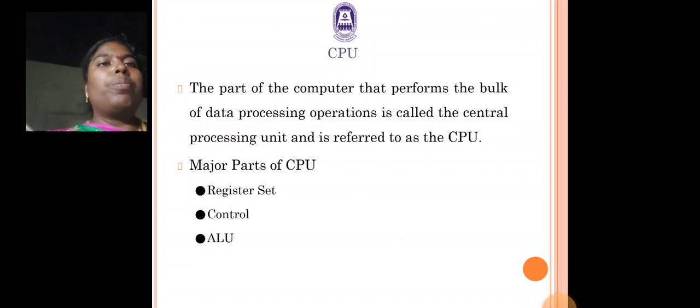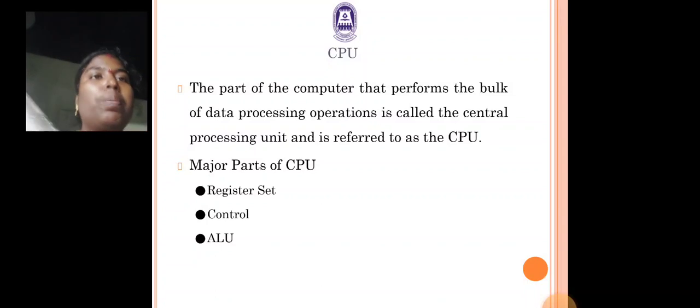So all of you know about the CPU. We already know it is the main component of the computer. It is the brain of the computer. CPU means central processing unit, which is the brain of the computer.